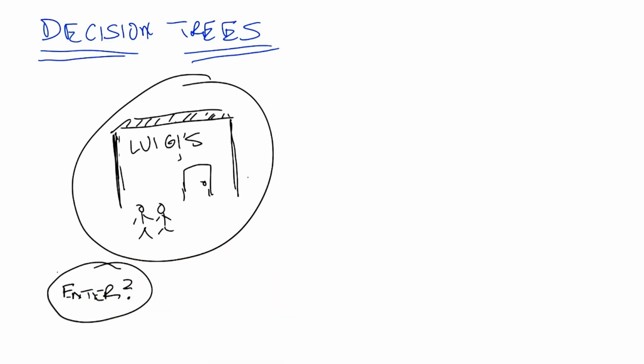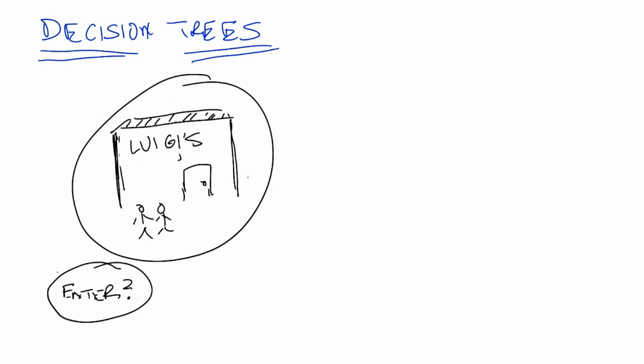Okay, so it's a very simple, straightforward problem, but there are a lot of details here that we have to figure out. It's clearly a classification problem because the output is yes, we should enter, or no, we should move on to the next restaurant. So in fact, it's not just a classification problem, it's those binary classification problems that I said we'd almost exclusively be thinking about for the next few minutes. Okay, so you understand the problem setup?